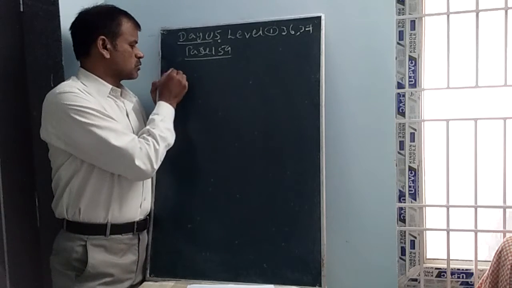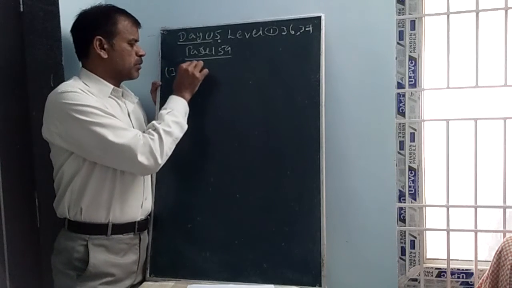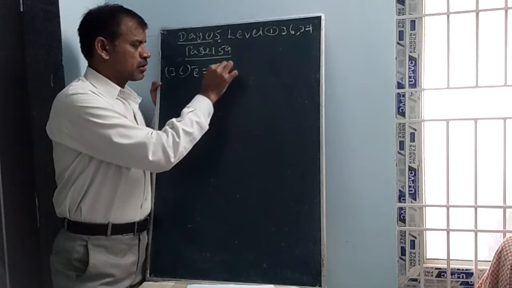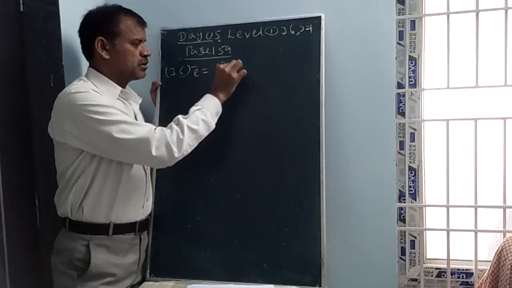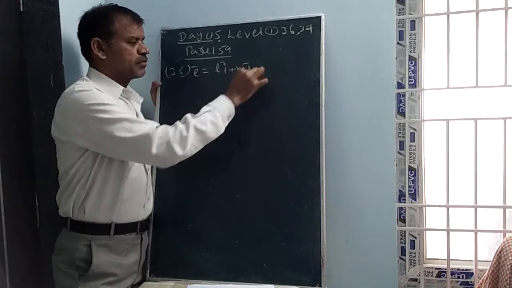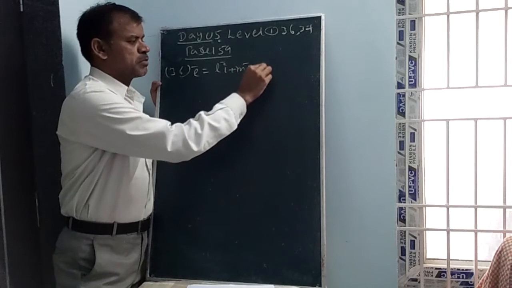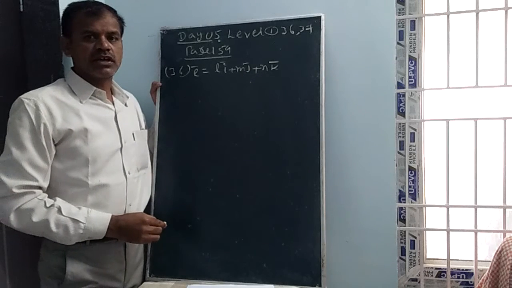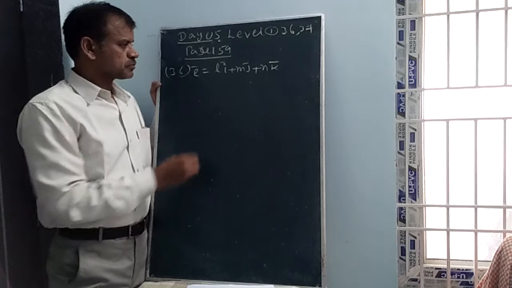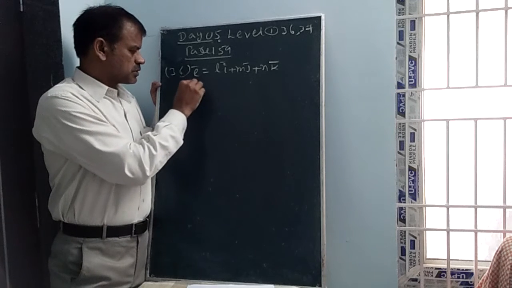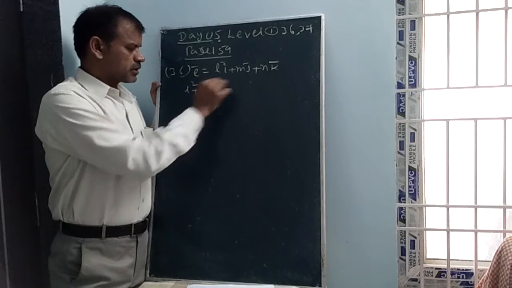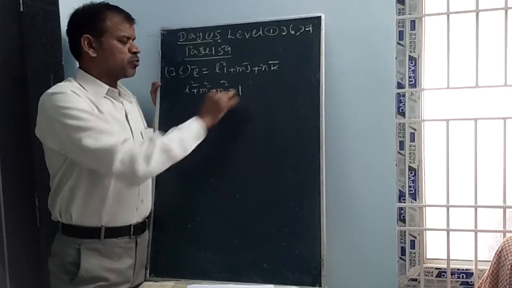Now let us see the question number 36. E bar, E means here existence of identity, is a unit vector, given as Li plus Mj plus Nk. That means the unit vector is the vector which has magnitude 1.